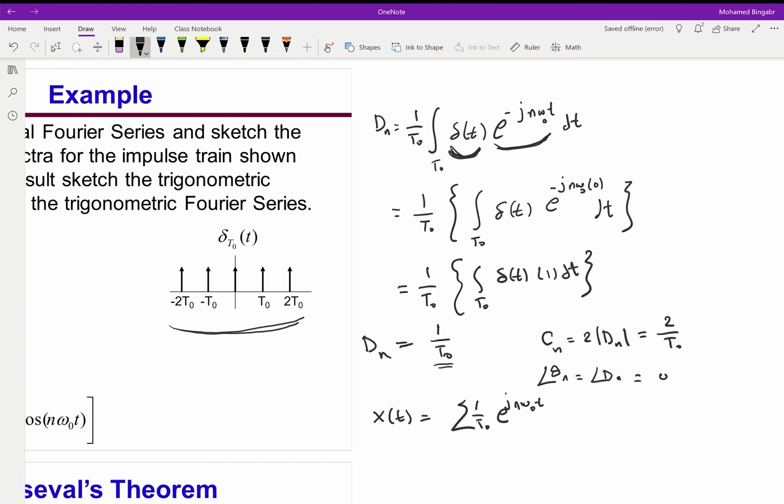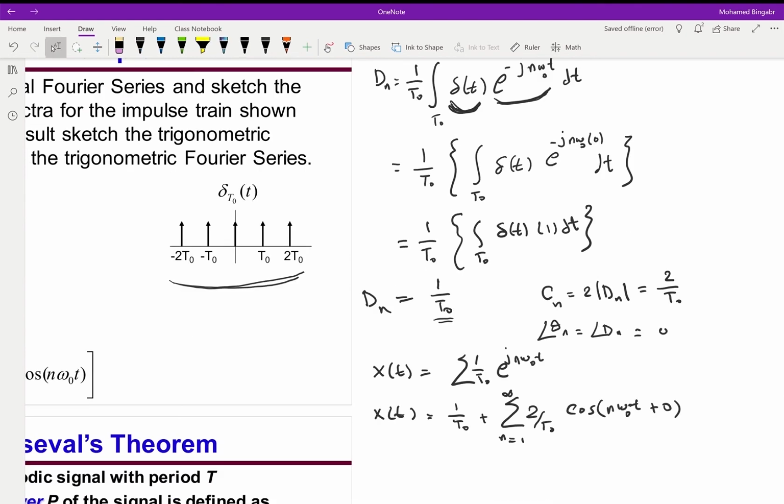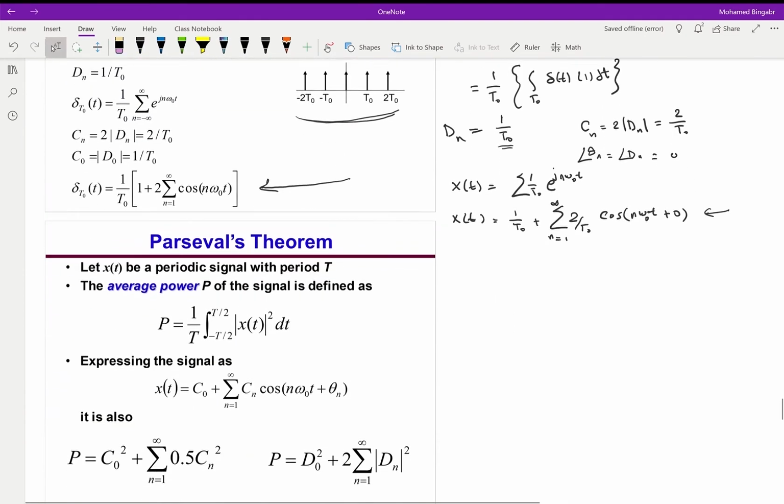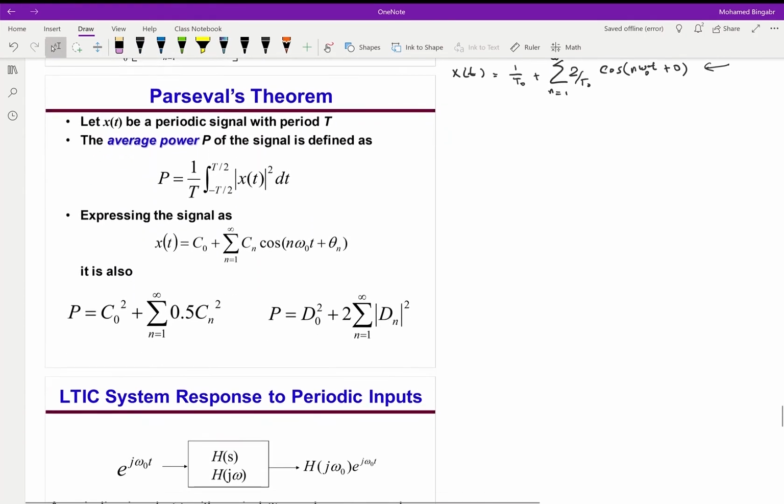Or I can express it in the compact trigonometric form, which is c0, which is 1 over t0, plus the summation n from 1 to infinity of Cn, that's in this case 2 over t0, cosine of n omega 0 t plus theta n, which is 0. And that is the expression of the signal in the compact trigonometric form.